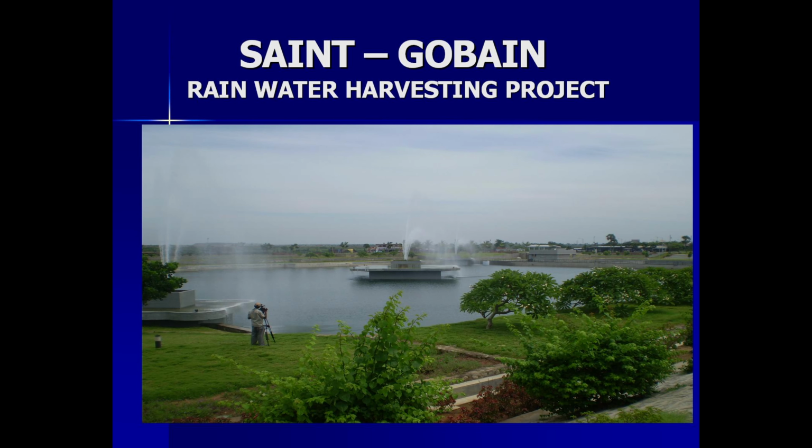One standing example we can say is Saint Gobain, Chennai, the plant which is in Sriperumbudur, where they have diverted roof water from a 1,50,000 square meter area to a tank of storage capacity 4 to 5 lakh meter cube.